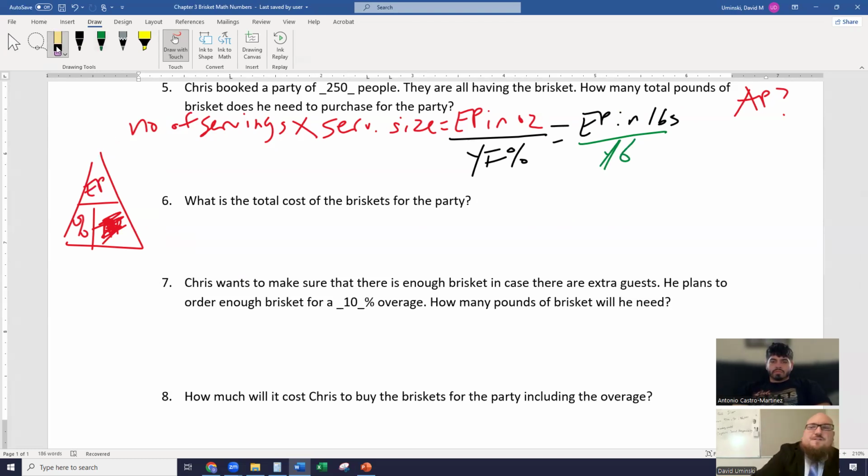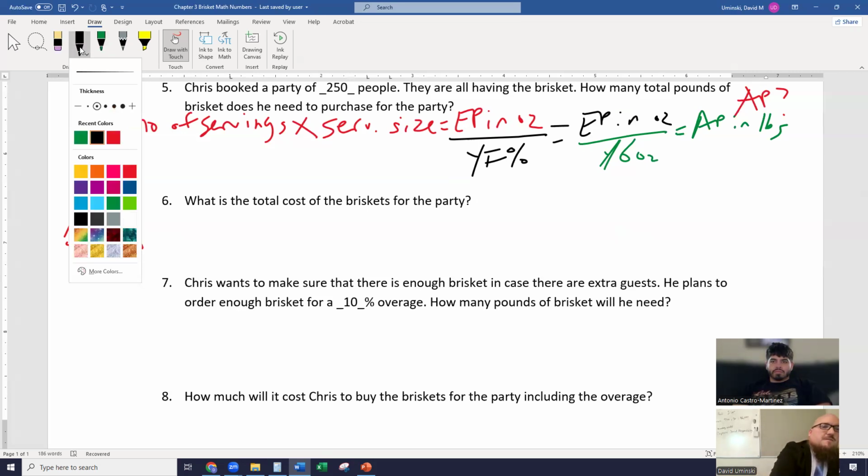Hopefully you're using pencil. This is our edible portion in ounces. And now we divide by 16 ounces to get our as purchased in pounds. So now let's put some numbers to it.